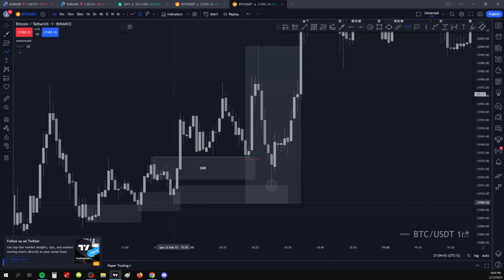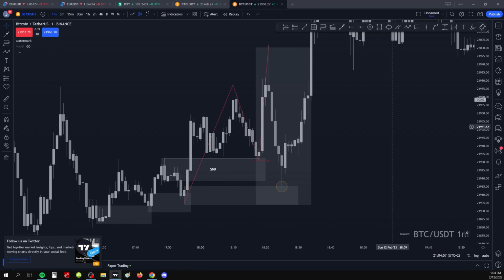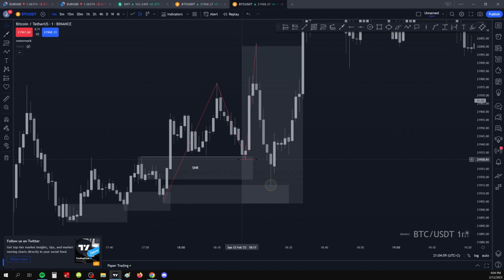We also have a three-ways pattern. 1, 2, because it took this low, so now this is the new low. And 3. 1, 2, 3. So where is our inducement? The second leg. The second leg is our inducement. And now the breaker is taken, it is mitigated. We have a new inducement.